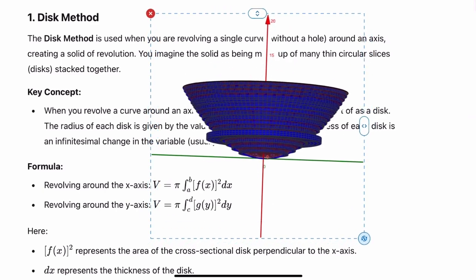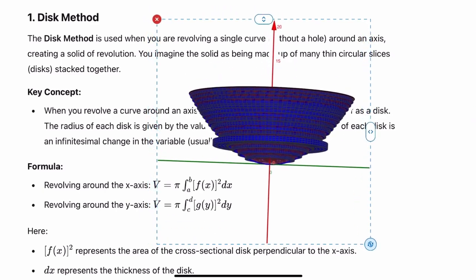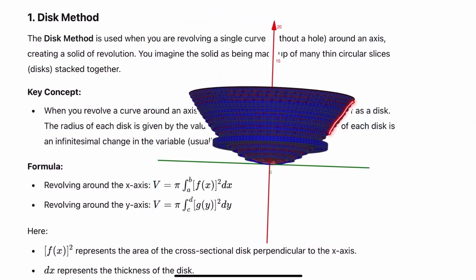So you will have your function, which has this shape. This is our f of x, and your radius is f of x. If you have a point x here, this is f of x, and f of x squared times pi times the thickness of the disk.